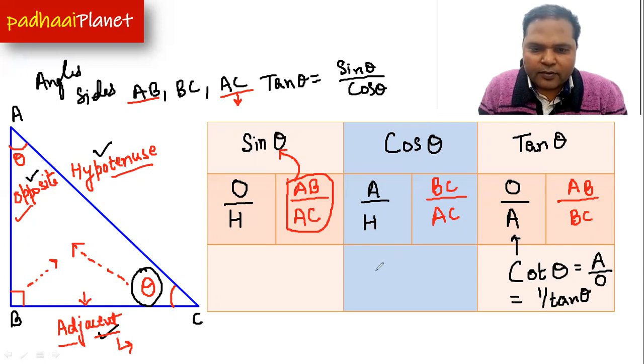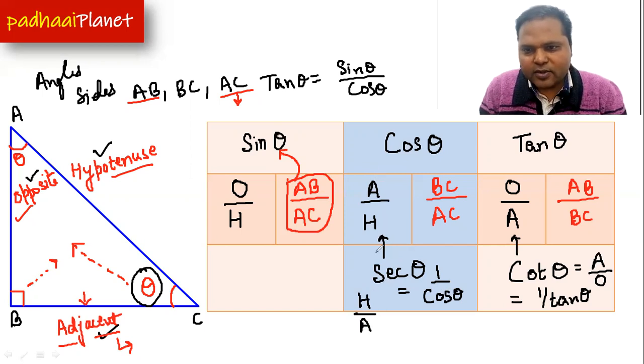Similarly, we have sec theta here, and that's the reciprocal of cos theta. So this is opposite, right? So sec theta is equal to hypotenuse divided by adjacent, while cos theta is adjacent upon hypotenuse, right?